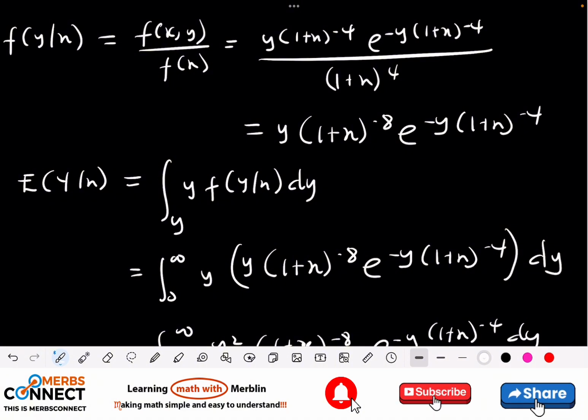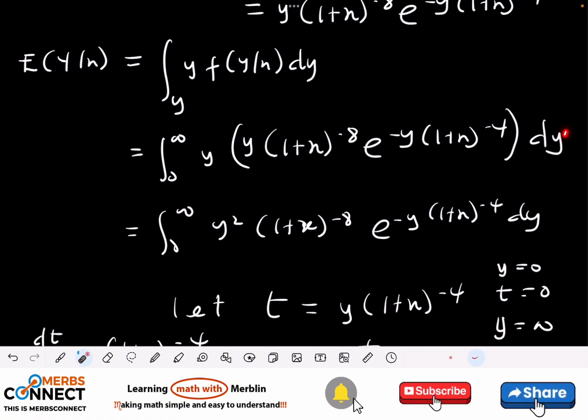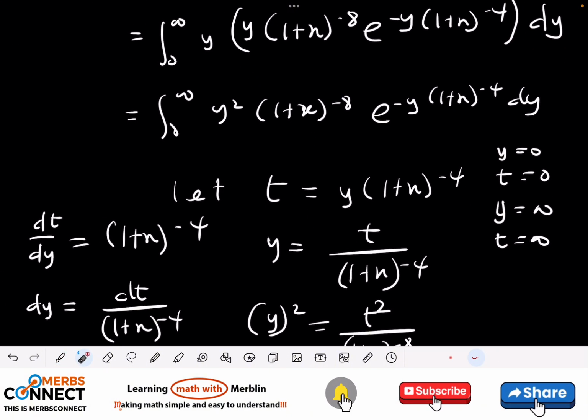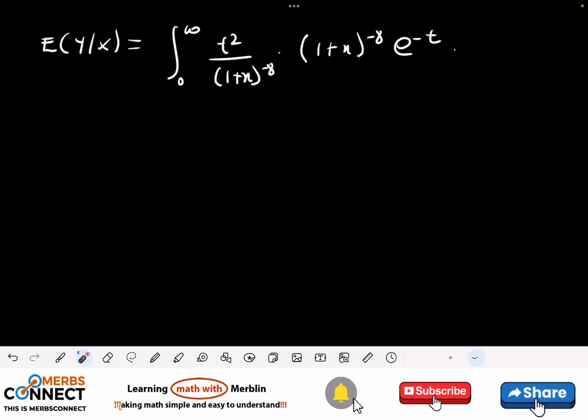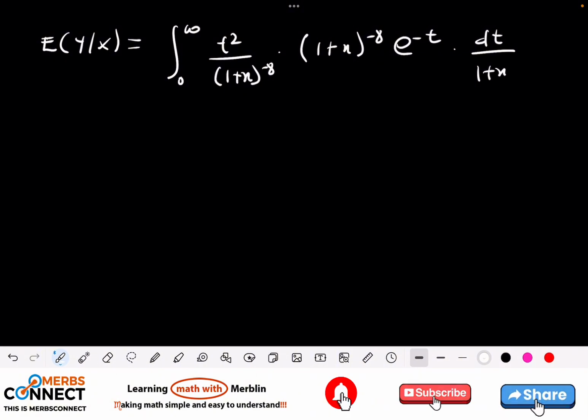Times what is dy? This dy here is equal to what is here, so we are going to have it to be dt divided by 1 plus x to the power minus 4. Nice. So now this will cancel this, which is very nice.